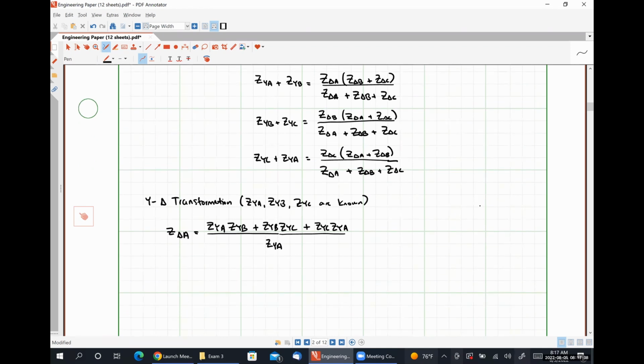And then Z delta B is effectively the exact same expression, except we just change the denominator to ZYB. So it's ZYA times ZYB plus ZYB times ZYC plus ZYC times ZYA, all over ZYB.